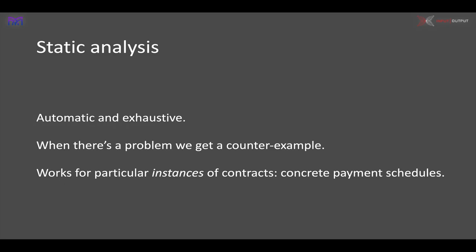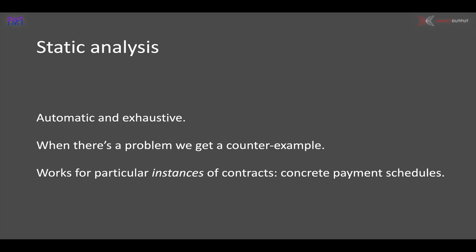And what's particularly nice about this is where there is a problem, we get a specific counterexample. So if the contract can go wrong, we show you a particular way you can get to that wrong state. We show a particular set of transactions which leads you to that erroneous behavior.